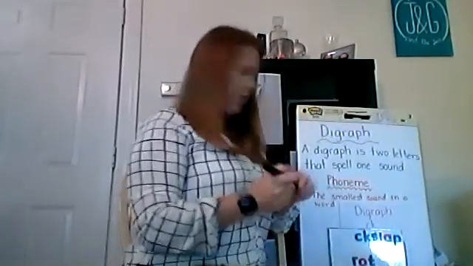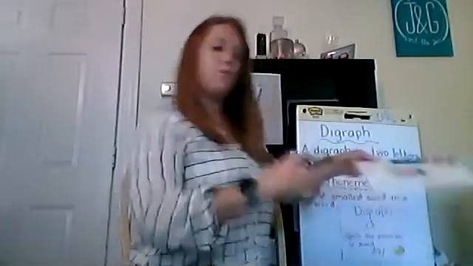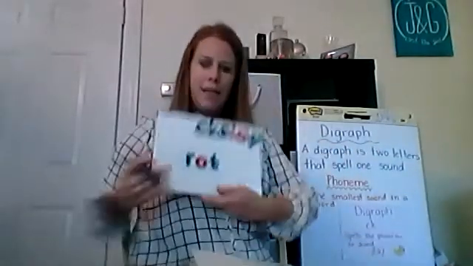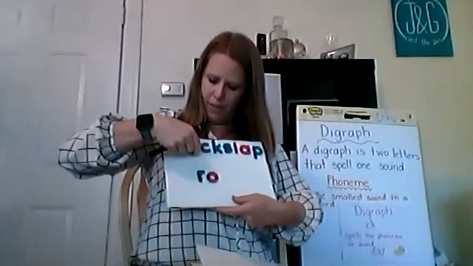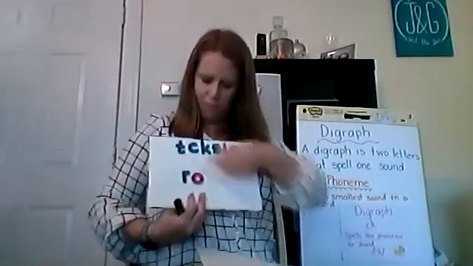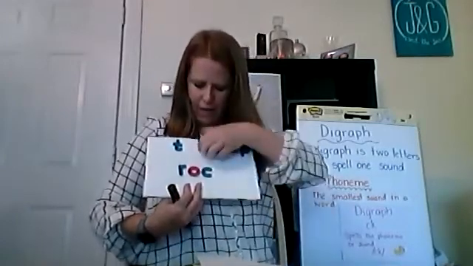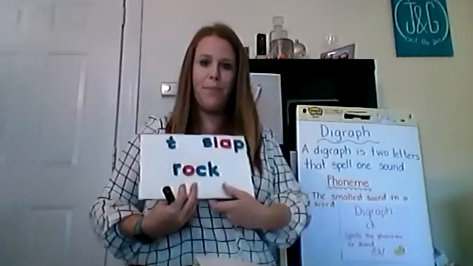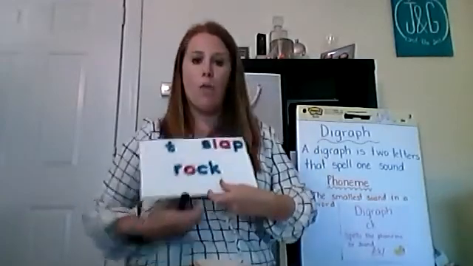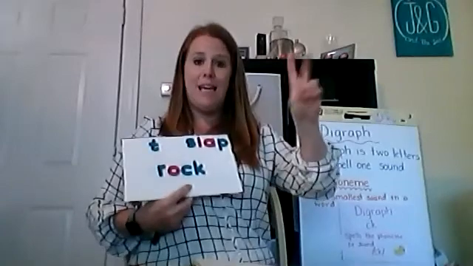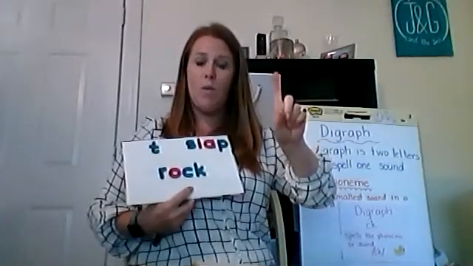Rot. Okay. So our next word, I'm going to take that T away, and I'm going to bring down my digraph, CK. Now let's sound out our word. Remember, C and K are going to come together to make that one sound.